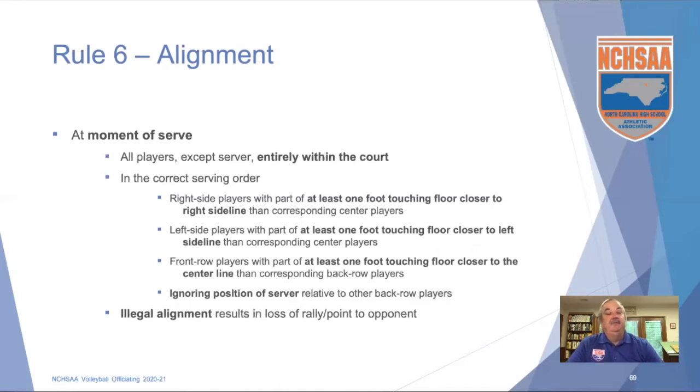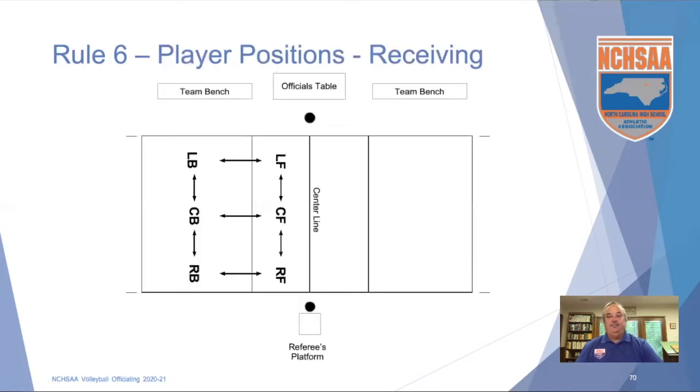If you violate any of these, either not being entirely on the court or one of these things we call overlapping, that would result in illegal alignment and a loss of rally and point to the opponent. But let's look at what this really means. Left, center, right, front, and back.